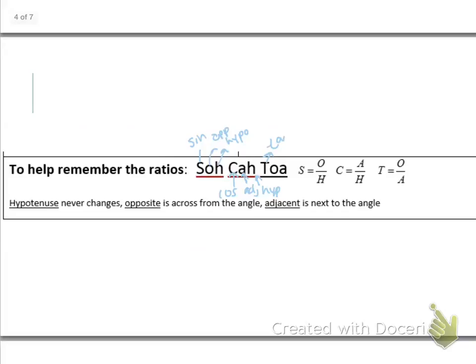So we had sine, cosine, and tangent. This represents my opposite and my adjacent. So the A's, O's, and H's are representative of the sides, and then we have the sine, cosine, and tangent. Okay, so if you look to the right here, we have SOHCAHTOA. Okay, opposite over hypotenuse, adjacent over hypotenuse, and opposite over adjacent.